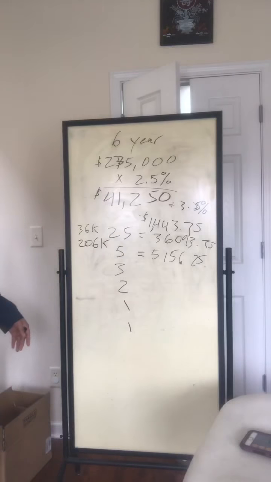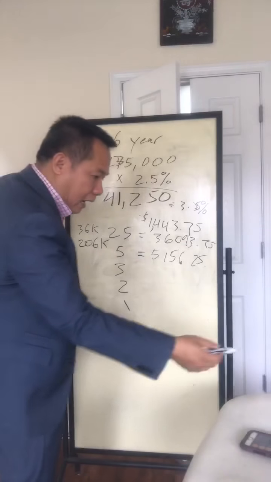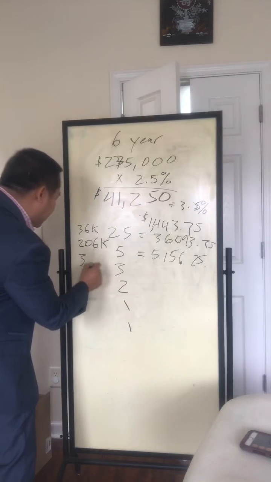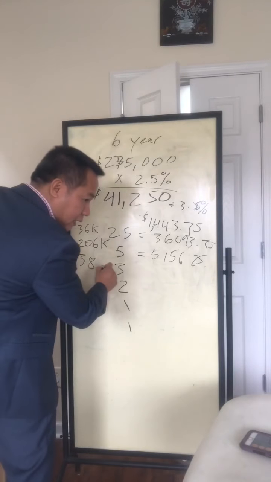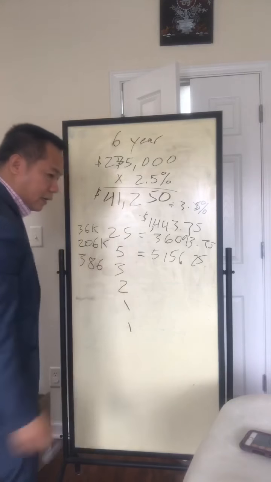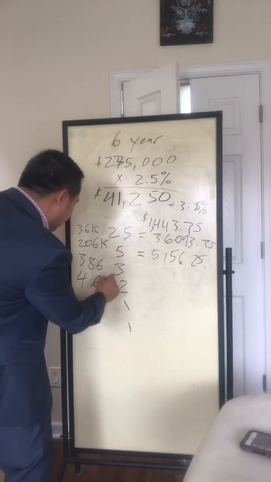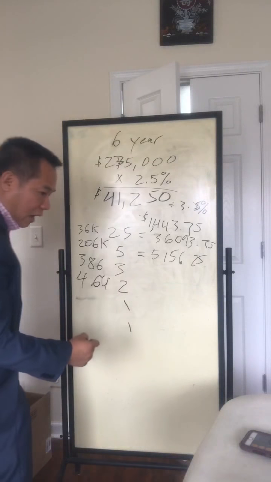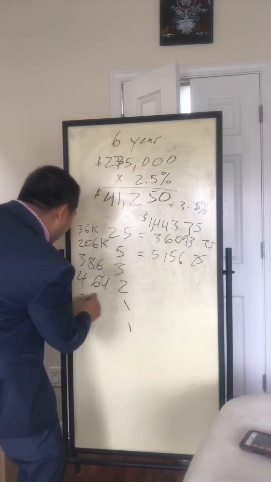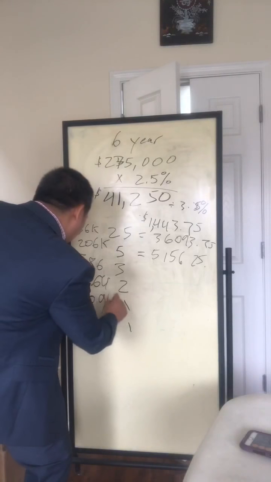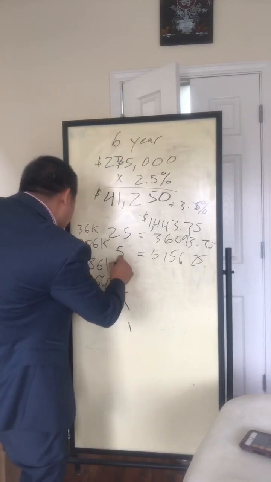We have a video I can show you. Yes, I think that will work. 26,386, right? And you have 464. If you want the breakdown detail, I will show you. 309. I'm talking about $1,000.